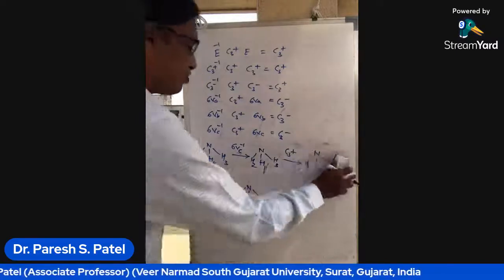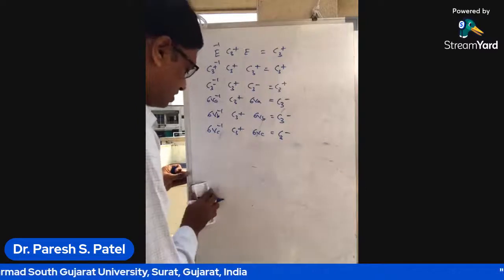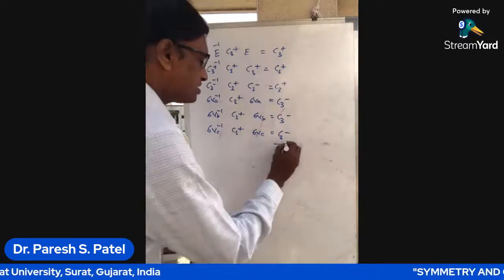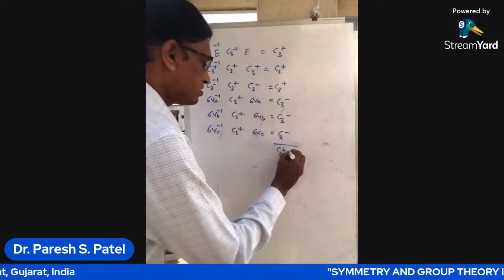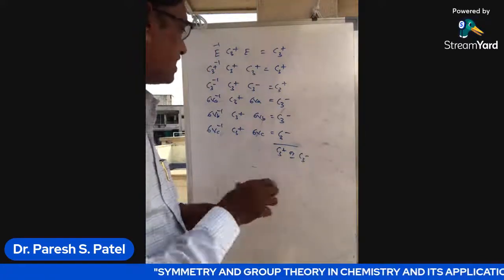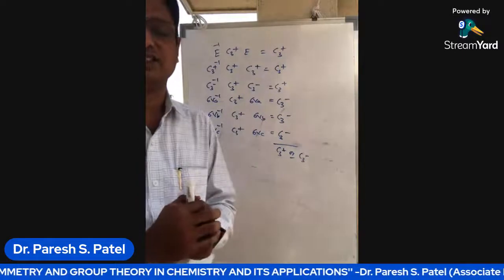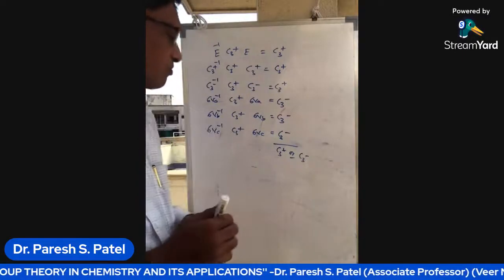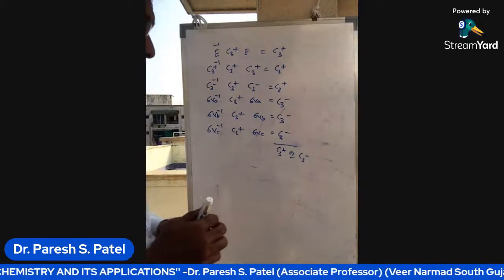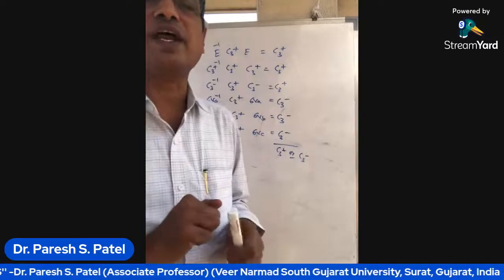Okay. So if we operate C3 plus symmetry operation, so overall result is C3 plus or C3 minus. This indicates that C3 plus and C3 minus conjugate to each other to form a combined class. Okay, so in case of the ammonia molecule, C3 plus and C3 minus conjugate to each other to form a combined class.